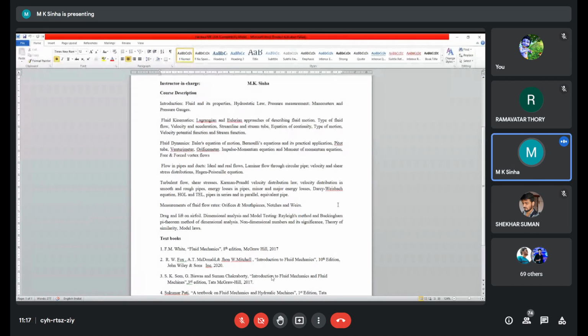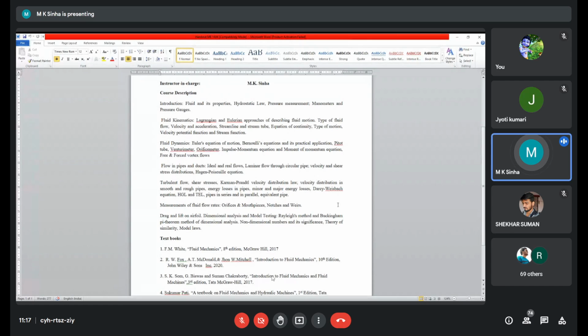First, the properties of the fluid, hydrostatic law, pressure measurement by manometer, all of which we have discussed. In kinematics: Lagrangian and Eulerian approach, velocity, acceleration, streamline, stream tube, continuity, motion, velocity potential, stream function.